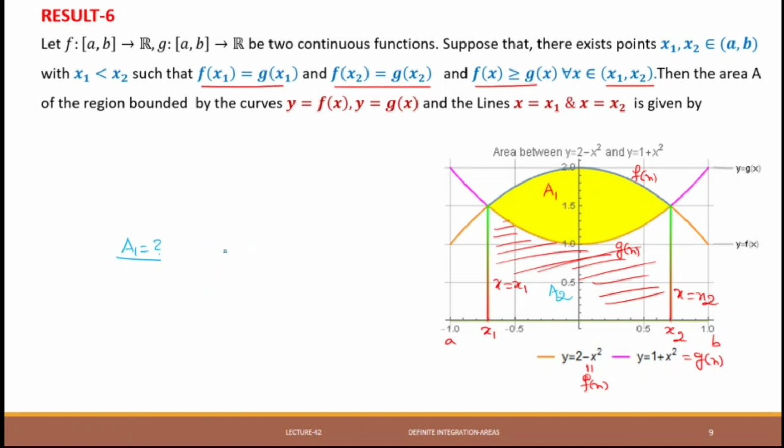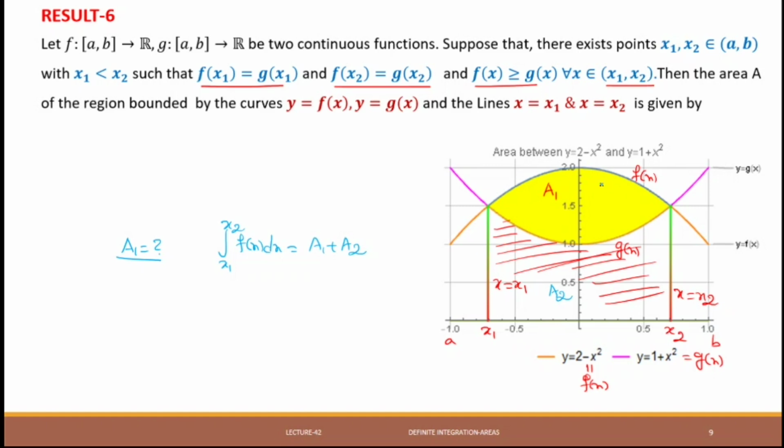Now using result 1, integral x1 to x2 of f of x dx is equal to what? As f is a non-negative function, it is given by a1 plus a2.